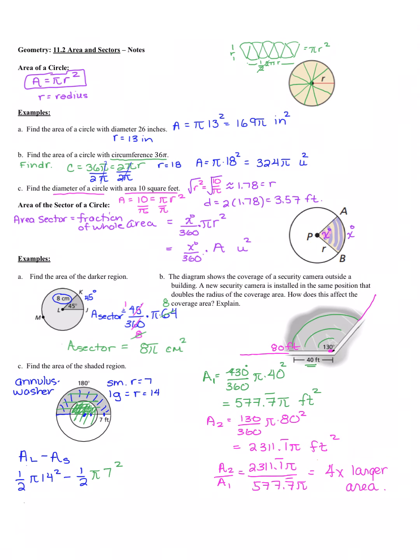And something to notice for future reference, it's actually shorter. Notice I can pull out the 1/2 and the pi and just go 14 squared minus 7 squared. So that's going to be 196 minus 49. Where's my calculator? 196 minus 49 gives me 147.